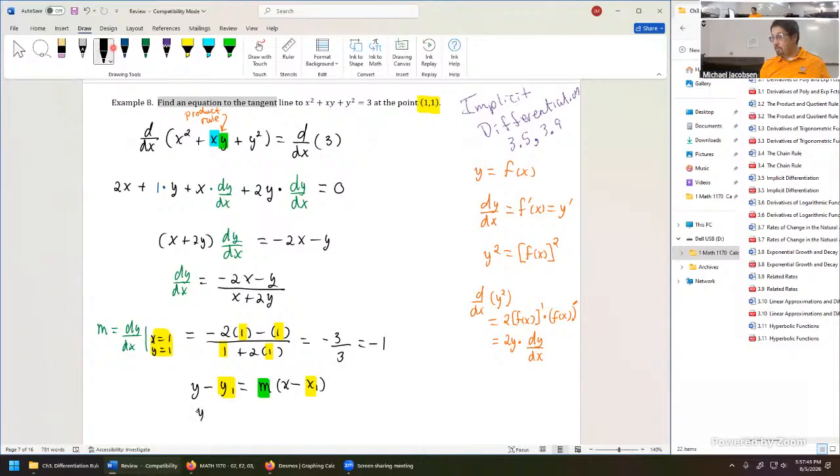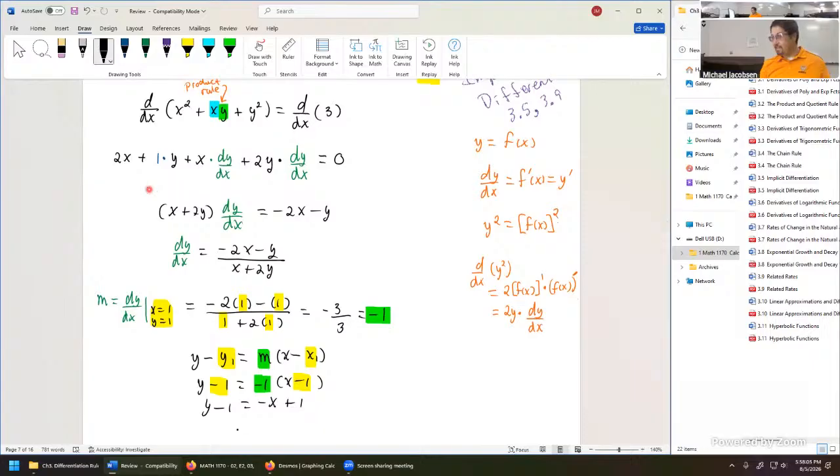Tangent line equation now goes y minus 1 is negative 1 times x minus 1. So y minus 1 is now negative x plus 1. And let's scroll just a little bit more. We're nearly there. Add 1 to both sides. Y equals negative x plus 2.